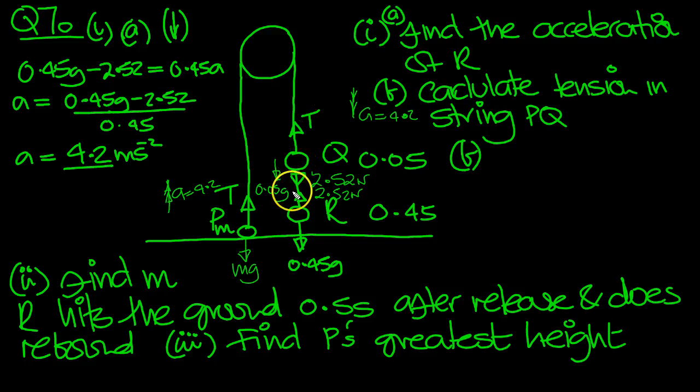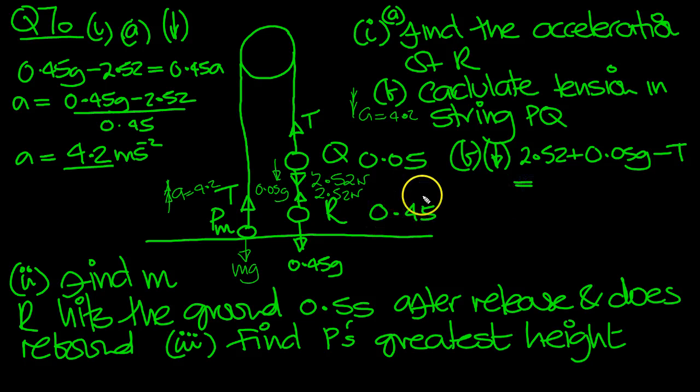So we'll apply F equals ma in the downwards direction at Q. So 2.52 plus the weight 0.05 g, that's the two weights going down, minus T, tension going up, is equal to the mass, which is 0.05, times the acceleration, which we know is 4.2.